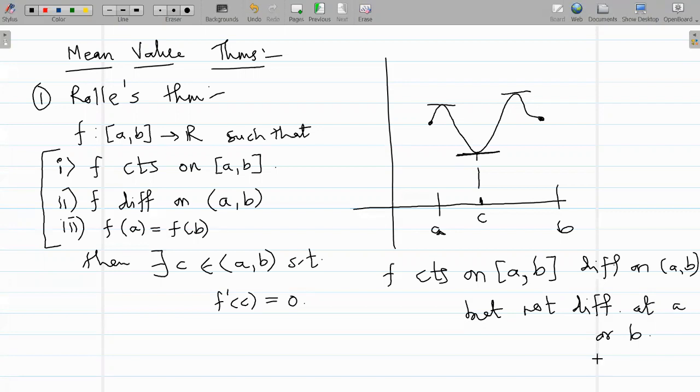Get my point? Does there exist such a function which is continuous on the closed interval, differentiable on the open interval, but at the endpoints it's not differentiable? Such a function can be constructed. Anyone has any idea about how to do this?